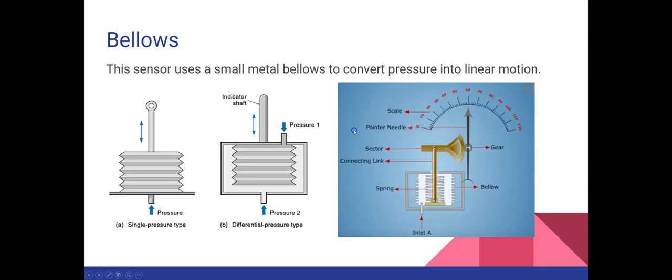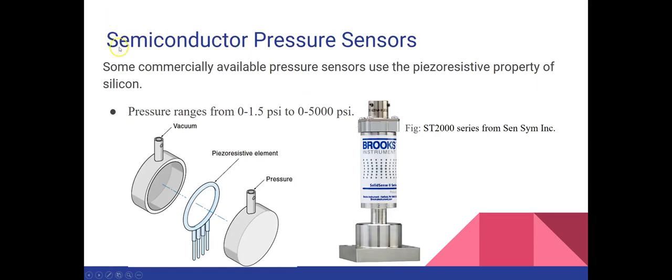Now let's see the next pressure sensor, which is the semiconductor pressure sensor. Some commercially available pressure sensors use the piezoresistive property of silicon, and the pressure range for the semiconductor pressure sensor is from 0 to 1.5 psi to 0 to 5000 psi.